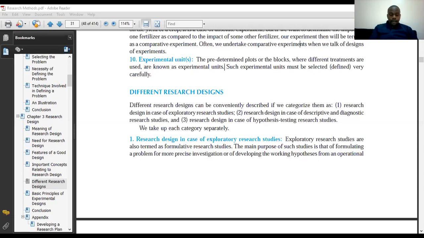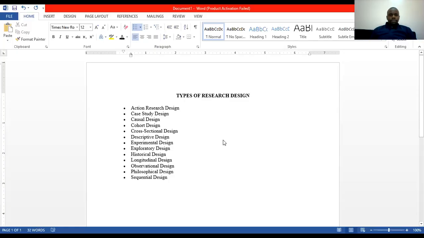Types of research design. There are different kinds of research designs based on the type of research that you're conducting.